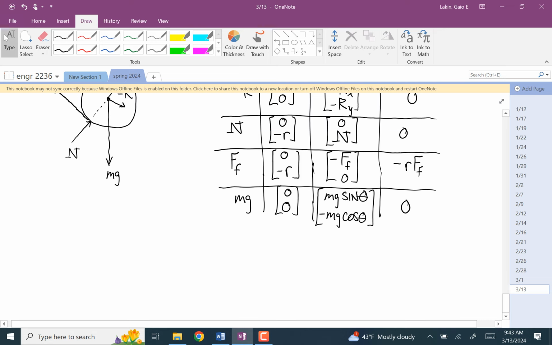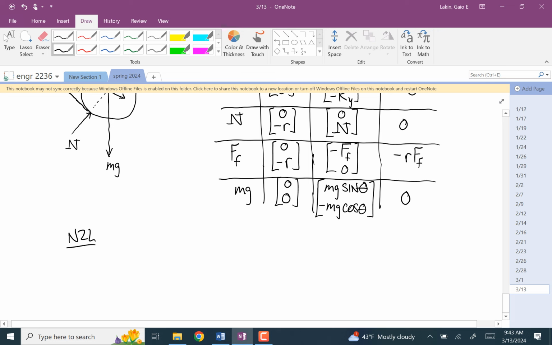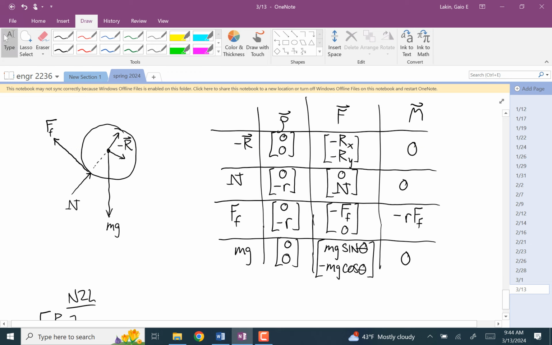This doesn't have a fixed point, so we have to use Newton's second law. So Newton's second law says negative Rx, negative Ry. I'm just going down the column of all the forces.